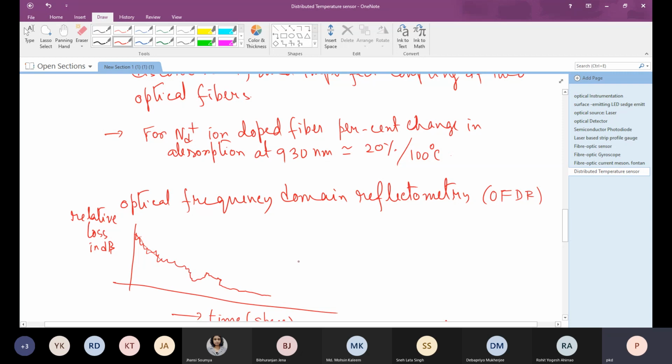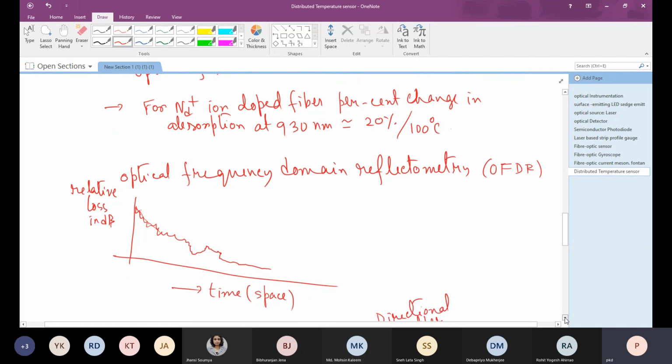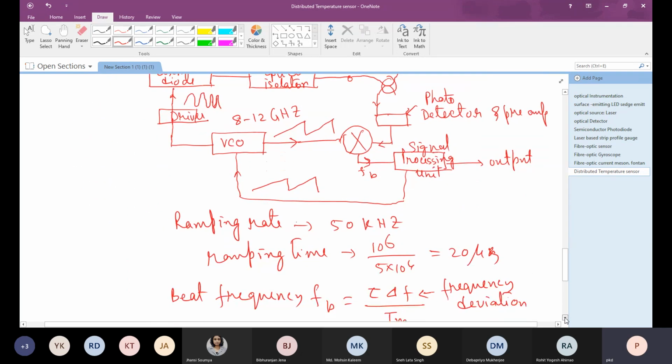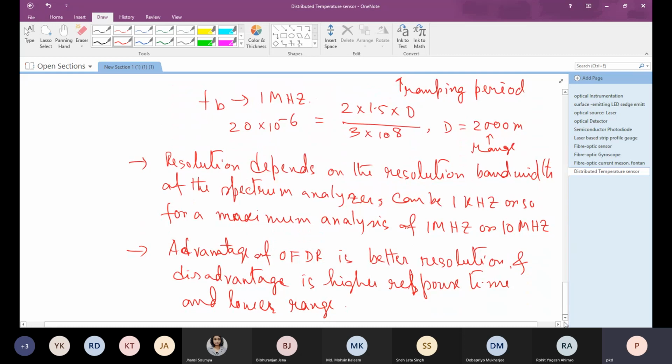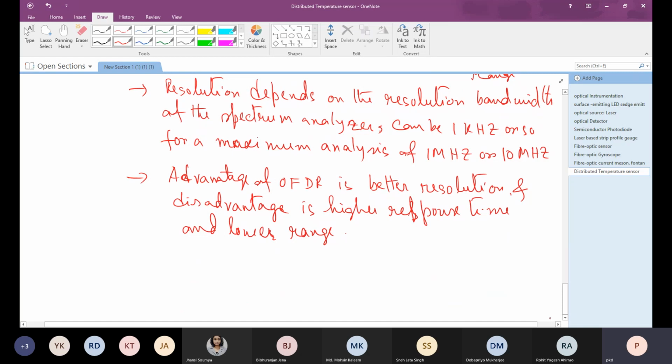So that gives rise to uncertainty. In case of OFDR, the frequency appears in a much sharper manner. So that way the resolving power of OFDR is better. Generally that has been reported, though of course it depends on the equipment and its performance.